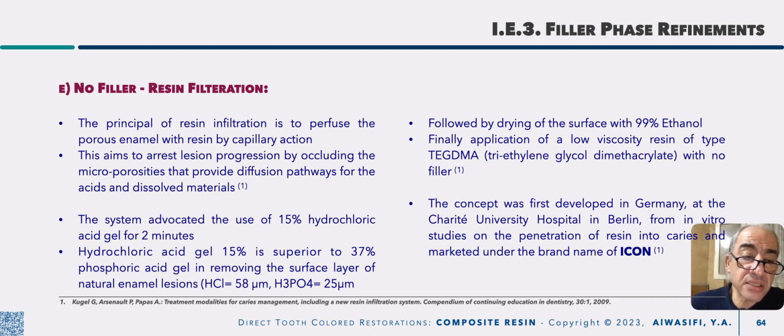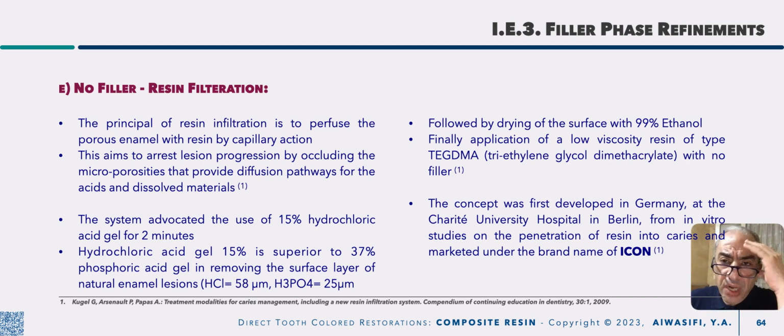The difference is that hydrochloric acid could penetrate and create pores to a depth of 58 up to 60 microns, while acid etching penetrates a maximum of 25 microns.